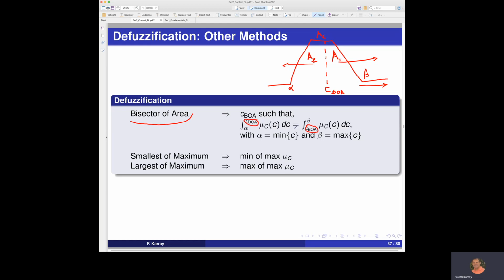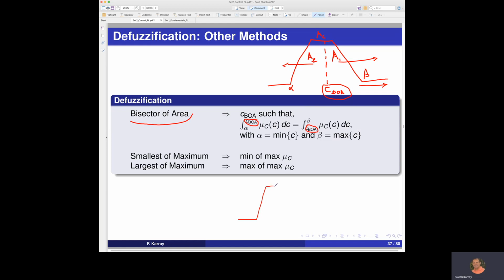Alpha is the minimum of the C, which is the support set, and beta is the maximum of the membership function itself. So this also has been utilized in the literature. It's a value that is given here, which determines the two types of areas that become equal to each other.